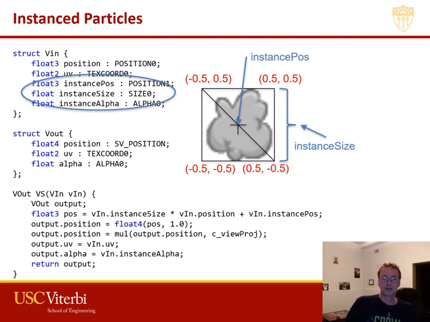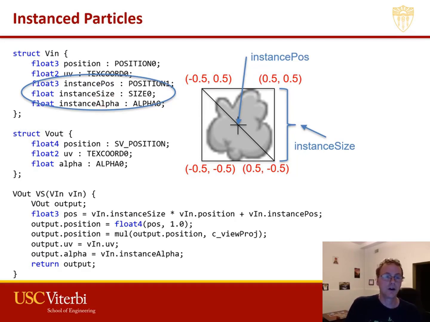I'll get a vertex right here with a position, and then this centered instance position, the size of it, and the alpha of it. Then I'll do the next position. The position will change, but the instance data will not change.